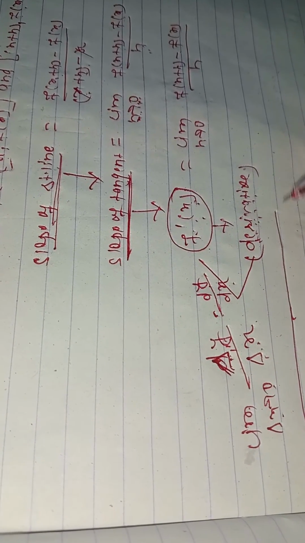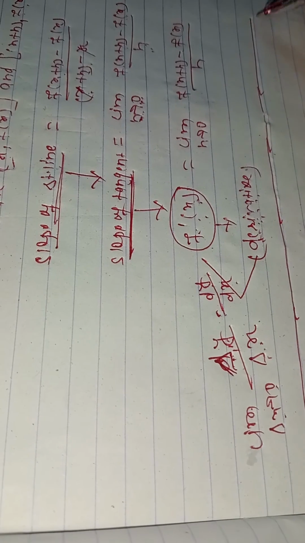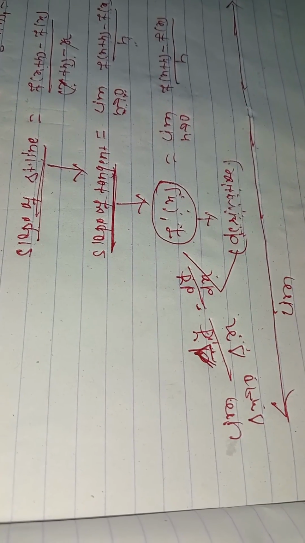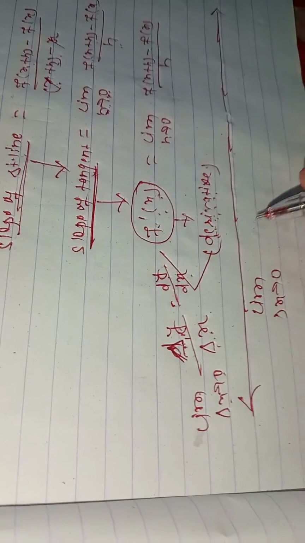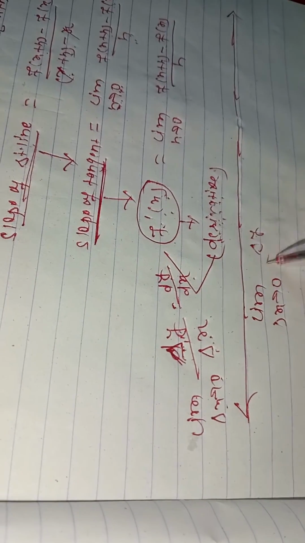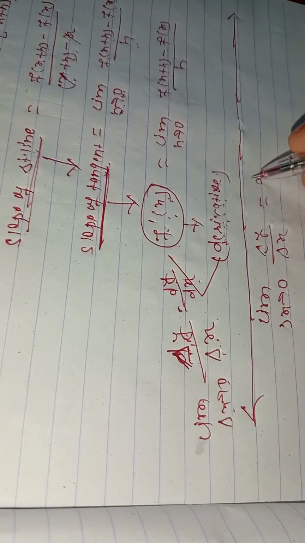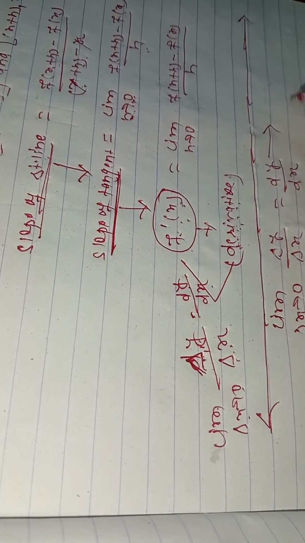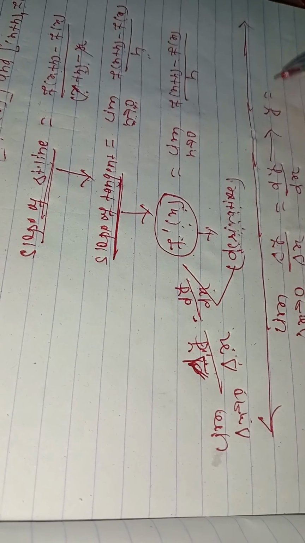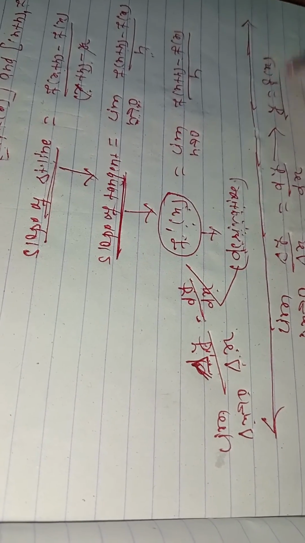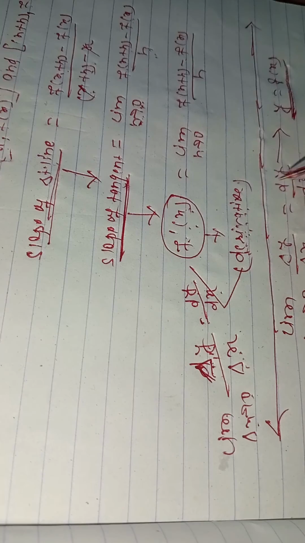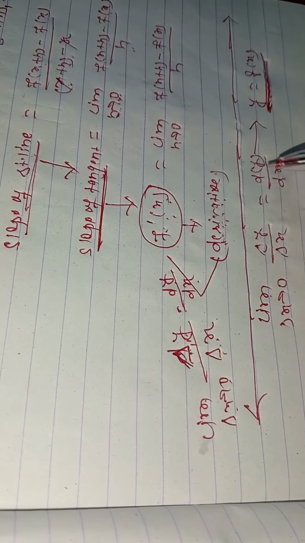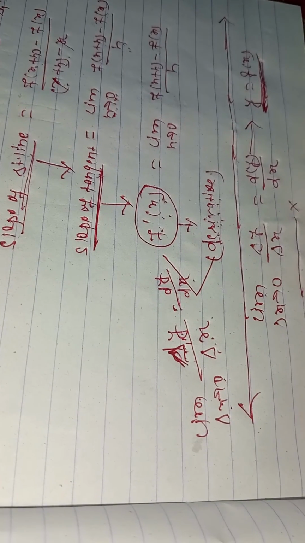So, my dear students, from now take the concept that limit delta x tends to 0 of delta y by delta x is equal to dy by dx, where y is a function of x. In this way it is dy by dx.